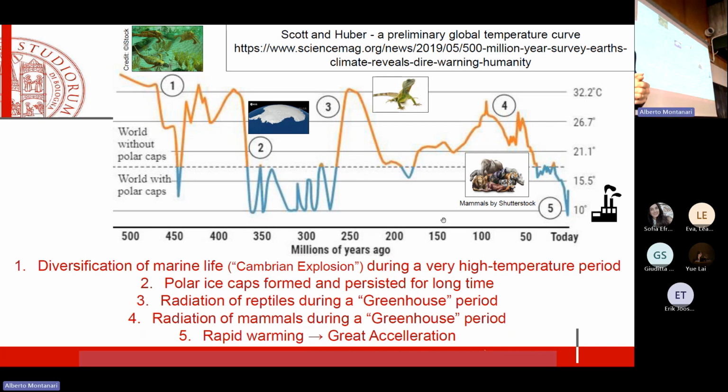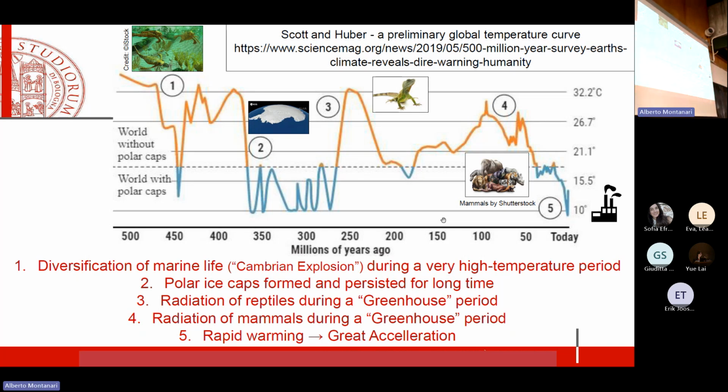Indeed, with number 3, you see the radiation of reptiles, and number 4, the radiation of mammals, which gave rise to a diversification of the species, and we get the big mammals that are still living today. They originated during this warm period.